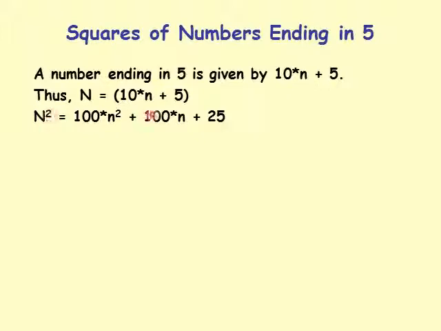it is (a plus b) squared, which is a squared, 100 n squared, plus 2ab, which is 100 n, plus b squared, which is 25.